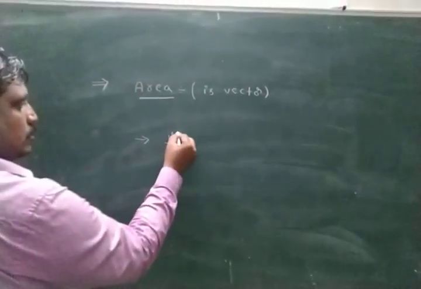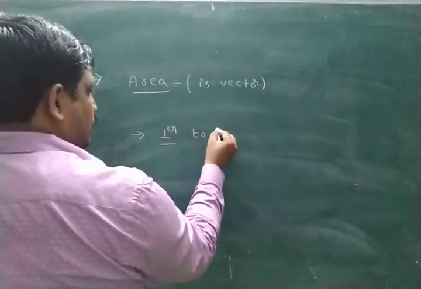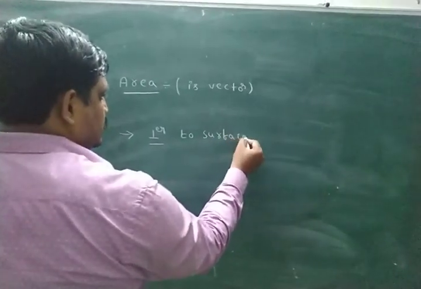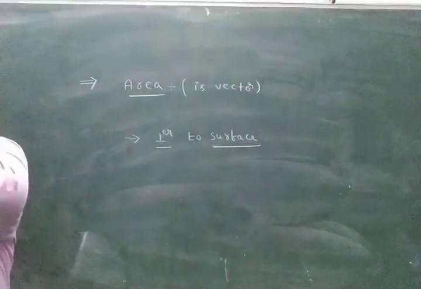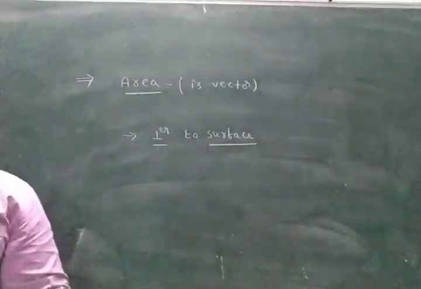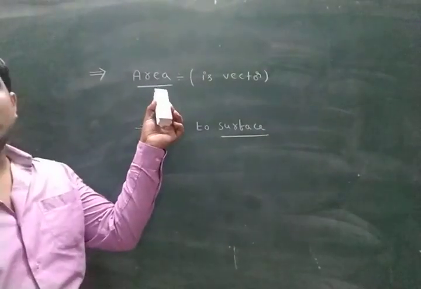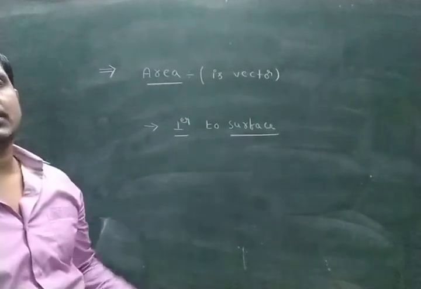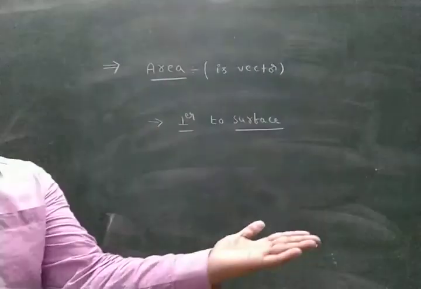In the chapter, its direction is always perpendicular to the surface. Once again I repeat: here in the chapter, area is a vector. According to this concept, vector means it follows a direction. Area is perpendicular to the given surface.